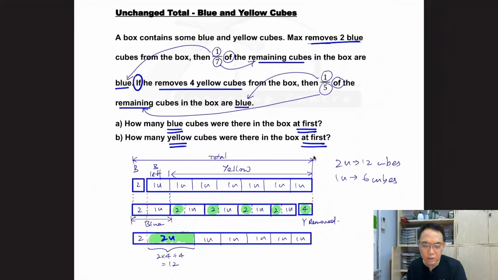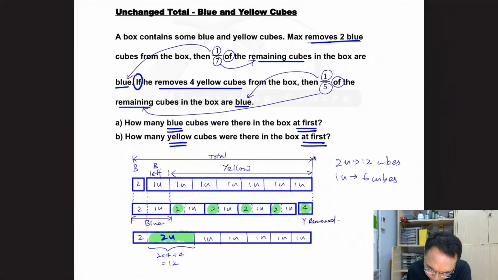And let's try to answer the question now. The question is, how many blue were there at first? So this is the blue at first. Can you tell me how many blue there are? Have you gotten it?